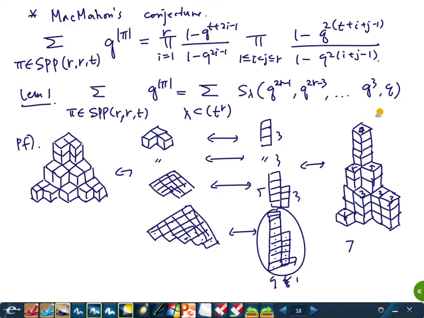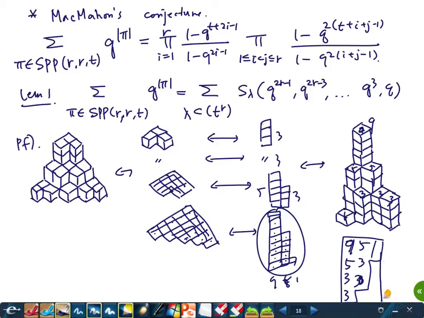Oh no, it's 9. 9, 5, 1, 5, 3, 3, 3. Oh no, 3 is over here. 9, 9, 5, 3, 5, 3, 3, 3. This is a semi-standard Young tableau. A reversed semi-standard Young tableau. So this is the generating function for this.